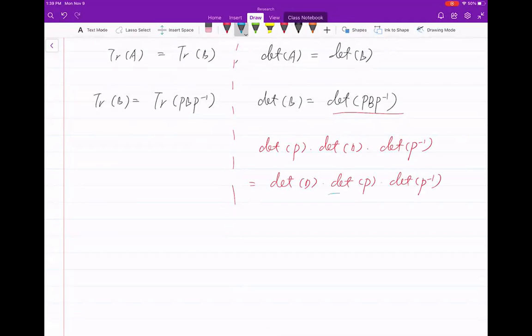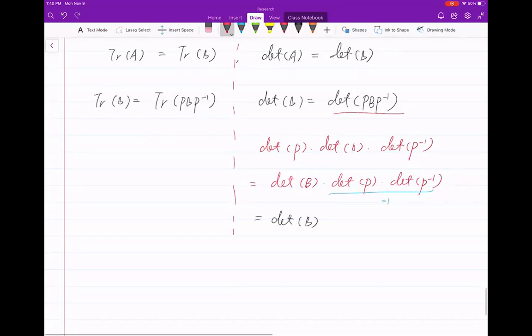And these two numbers together give you 1. Therefore, the whole thing equals the determinant of B. Let's say equals 1 here. Okay.